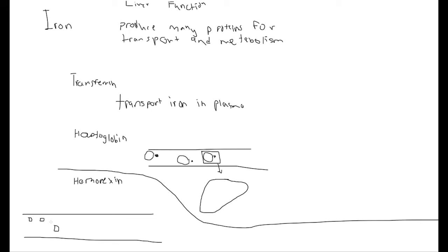And if it's free, if it's on its own like this, so these hemes are on their own, they can actually alter the cytoskeletal proteins of red blood cells. So if these are the red blood cells here, this free heme can alter the cytoskeletal proteins of these red blood cells, and we don't want that, right?